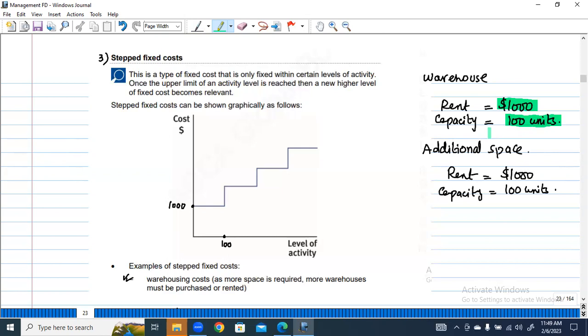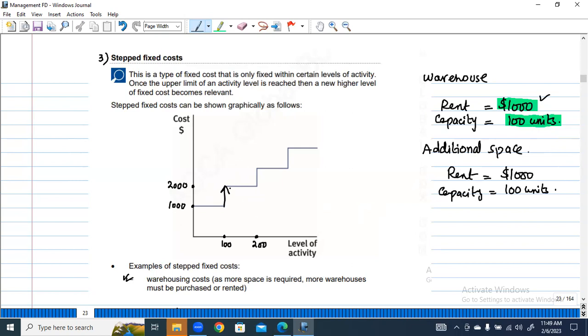But when your units exceed 100, you need to rent an additional space, so you incur a cost. There will be a step up in your cost. Your cost was 1000, but when you hire additional space it will increase by 1000, and now it will be 2000, with capacity up to 200 units.